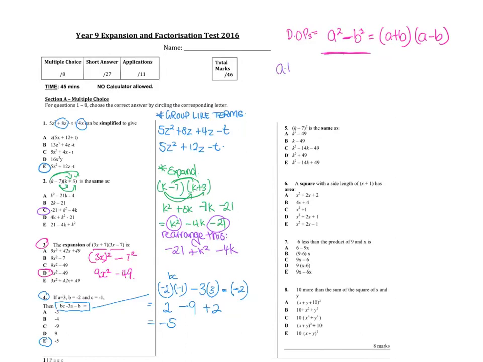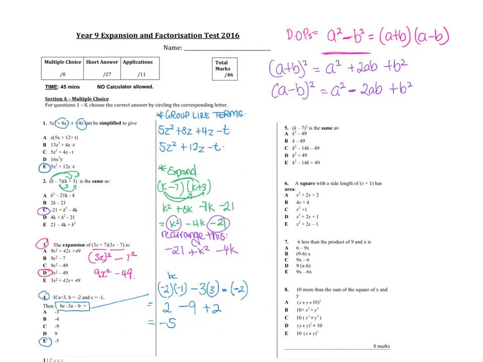Okay, the next couple of questions are going to draw on the other patterns that we learned. So if we have (a plus b) squared, that will always expand out to a squared plus 2ab plus b squared. And the other pattern we need to learn off by heart is if we have (a minus b) squared, we see a squared, and this is where it's different, minus 2ab plus b squared.